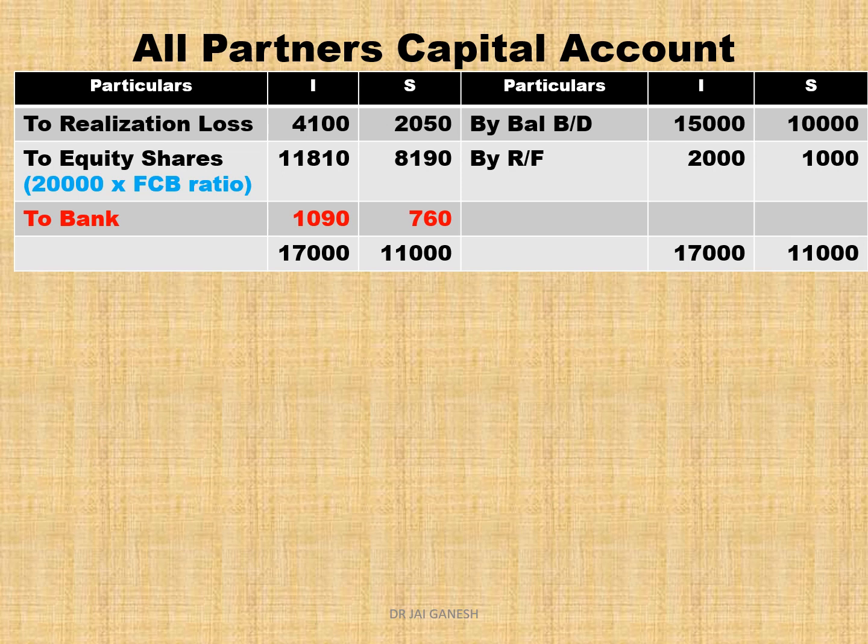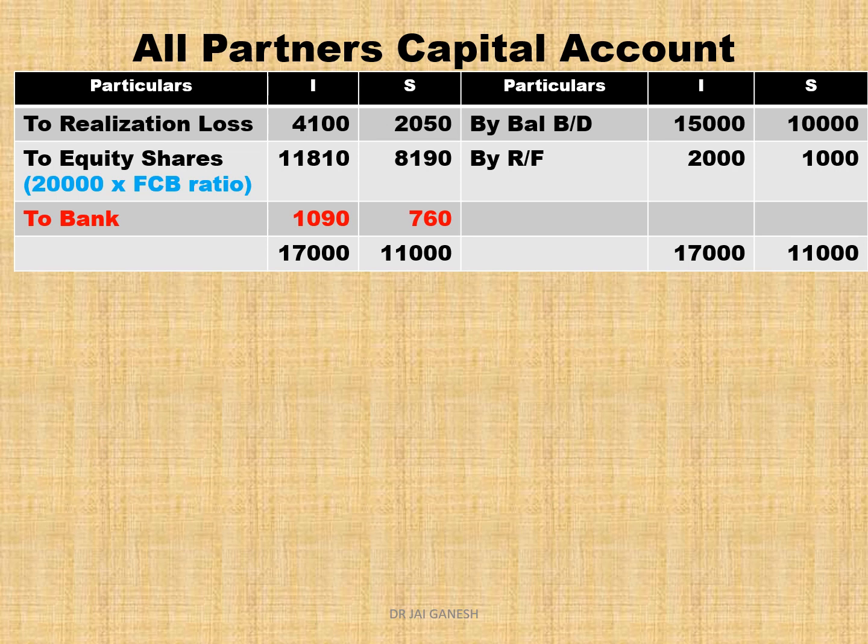How to calculate? Debit side 15,000 of Indra, plus 2,000, minus realization loss 4,100. So Indra's net answer is 12,900. Similarly Sudha's 16,000 on the credit side, plus 1,000 on the credit side, minus the loss on the debit side.